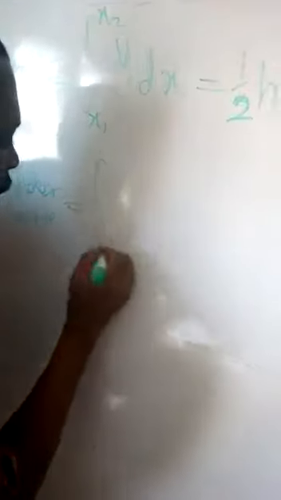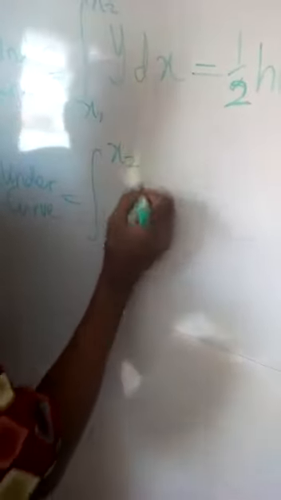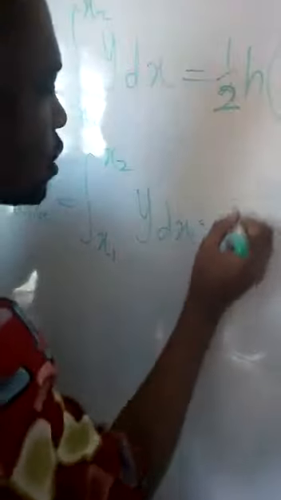So the area under the curve equals the integral between x1 and x2 of y dx, which equals half times the height. Now note, all other values of y duplicate except the first value and the last value.